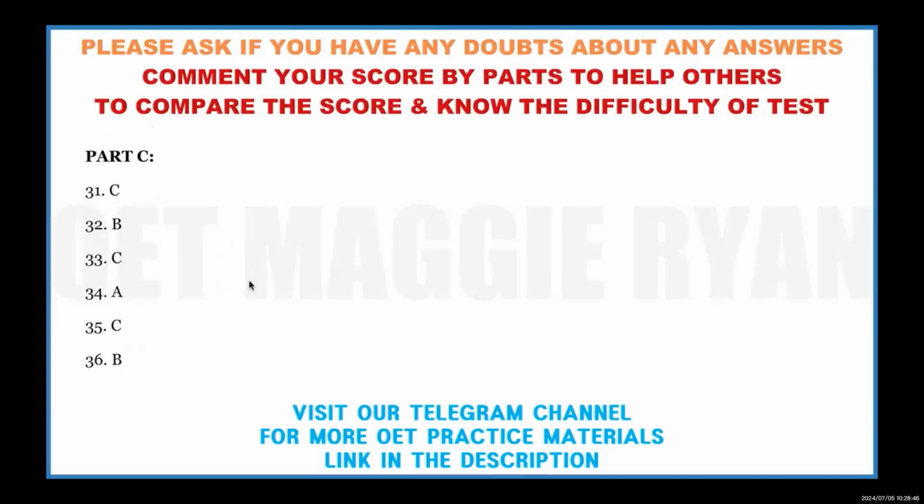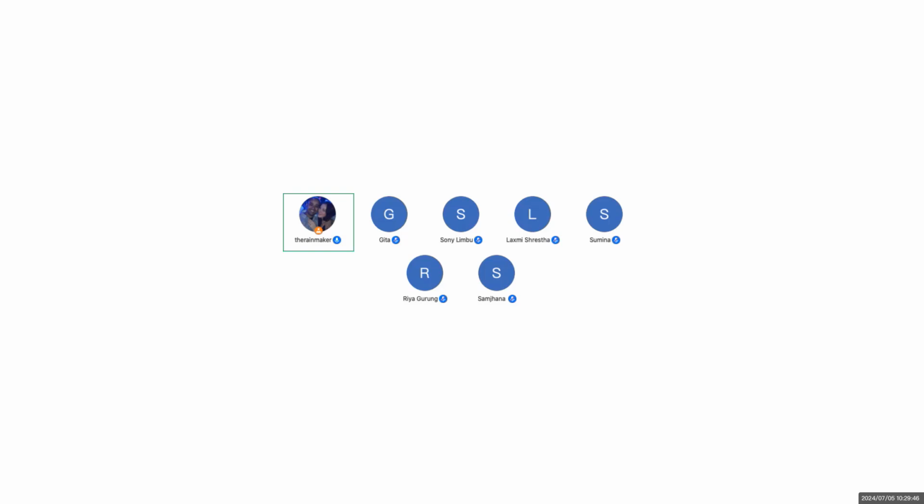The last part, part C. Remember that for band score B, you need to answer 30 questions out of 42 correctly.